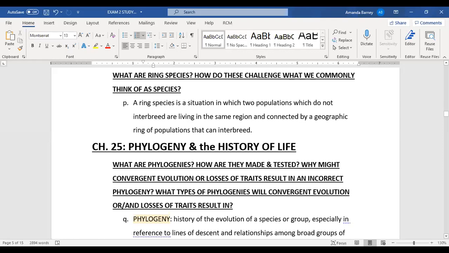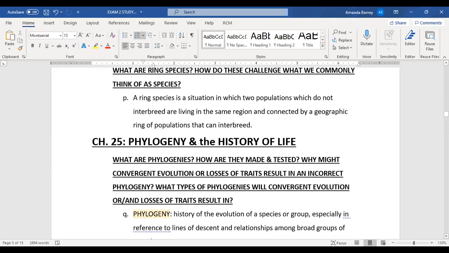So they have an issue with the biological species concept, because you have these populations that can interbreed all the way around, but these two populations can't interbreed. So are they different species, or at what point did they become different species that they no longer can interbreed? Your biological species concept is just blown out of the water with those.